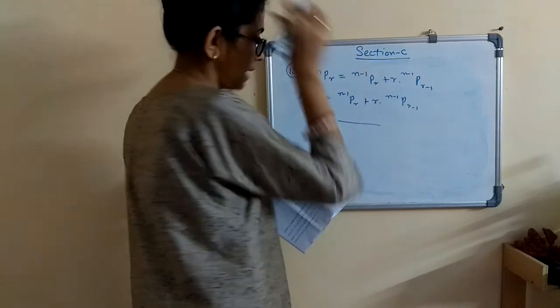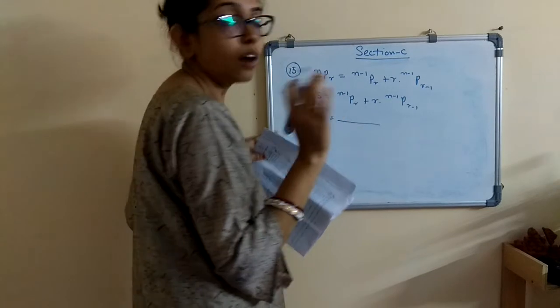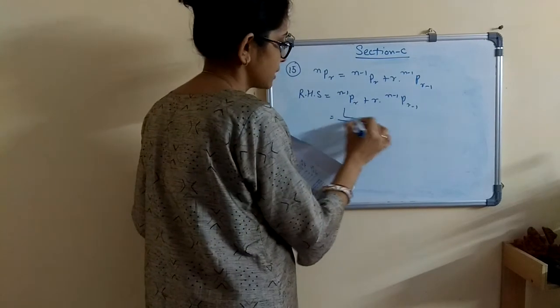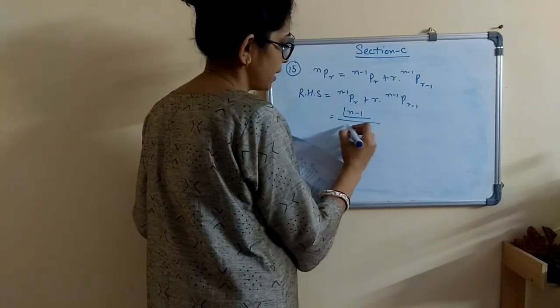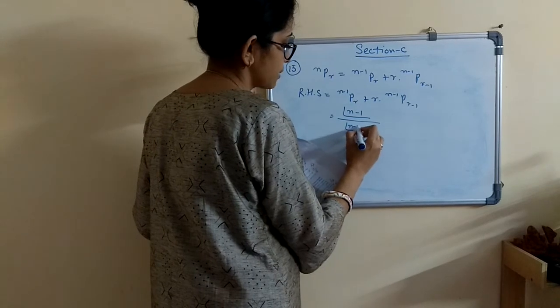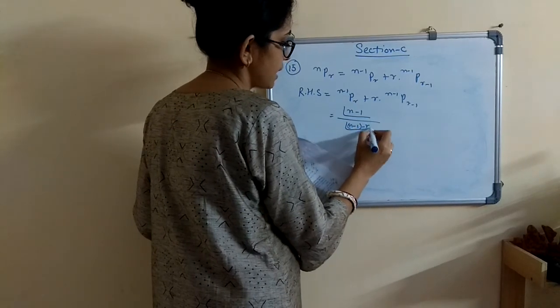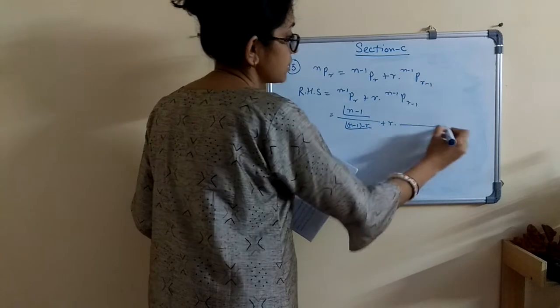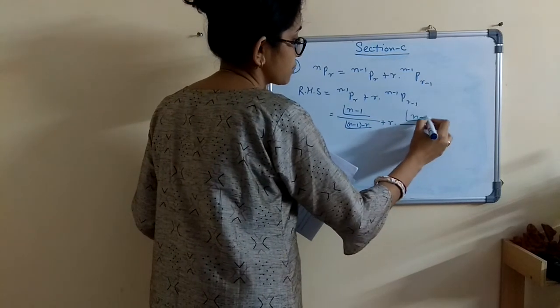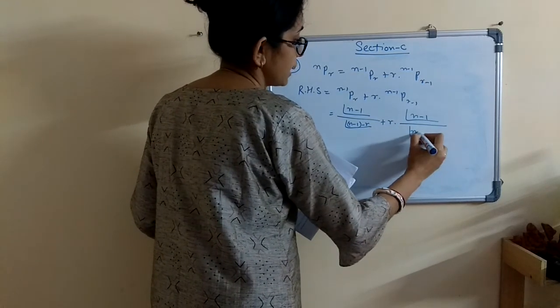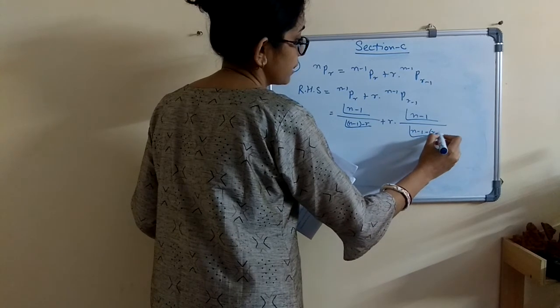Let's write the direct formula of the permutation. So we can write it as factorial n minus 1 by factorial n minus 1 minus r, and for this it is factorial n minus 1 by factorial n minus 1 minus r minus 1.